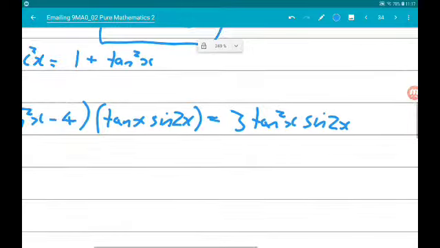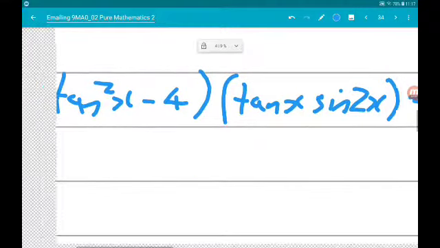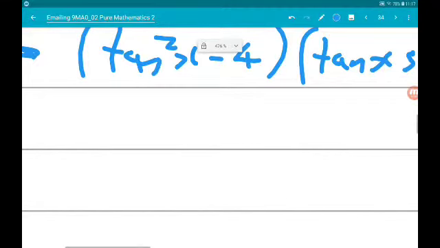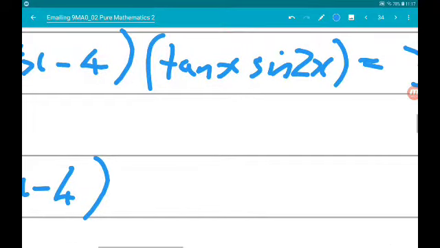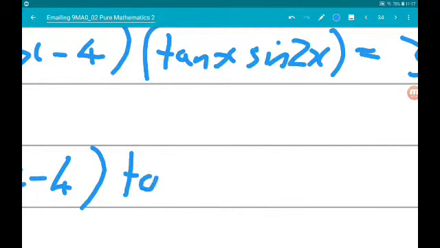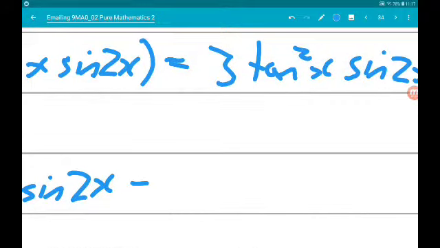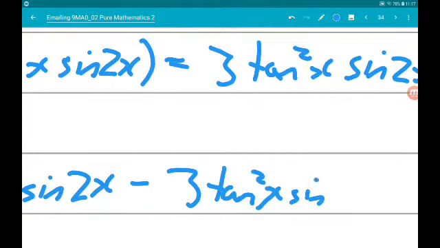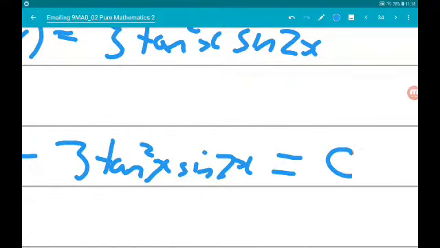Okay, now let's get everything on the same side. Tan squared x minus 4 times tan x sine of 2x minus 3 tan squared x sine of 2x is equal to 0.